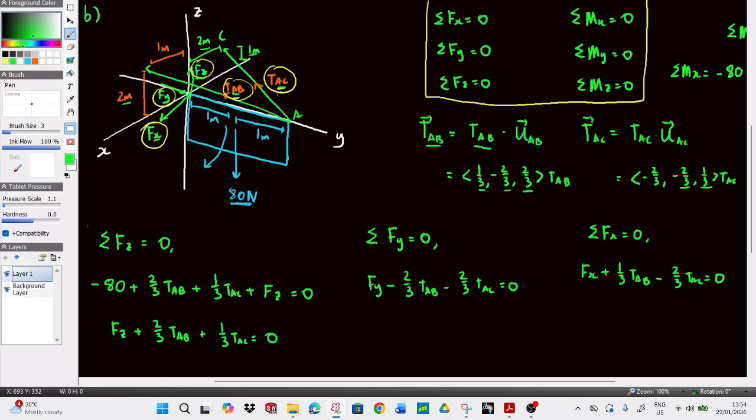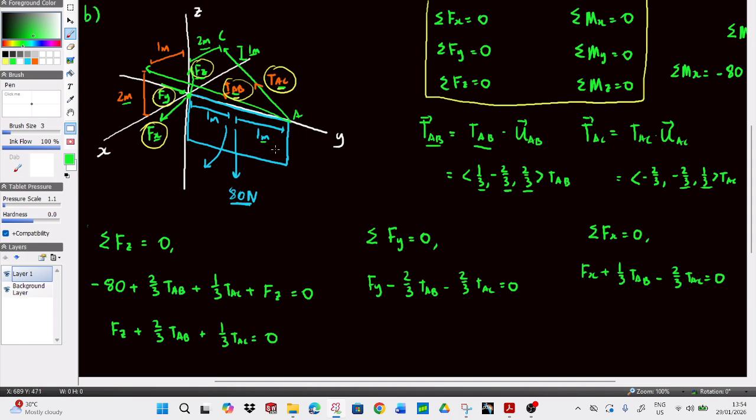So for TAB, considering the y component and z component, we have negative 2 over 3 TAB, which is in the y component, it won't cause any moment.